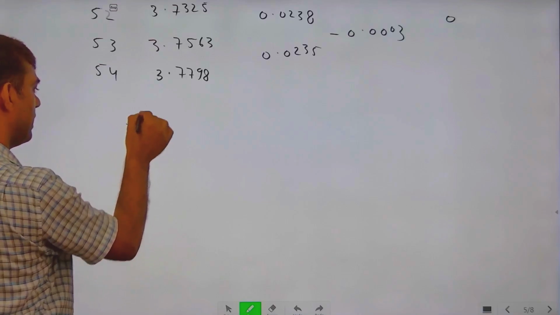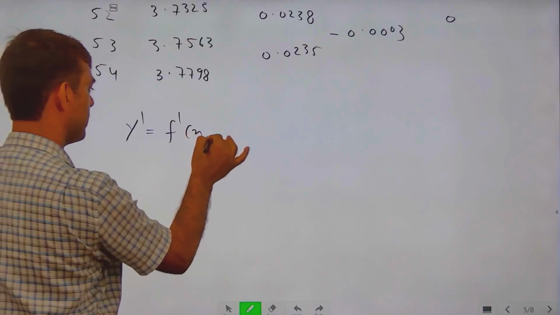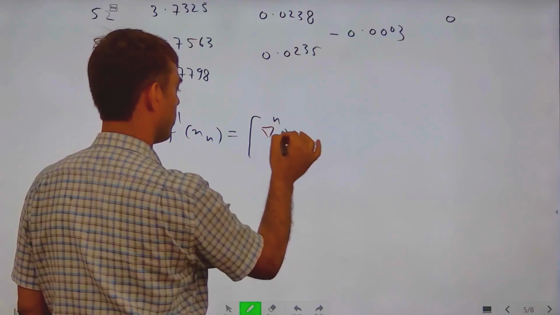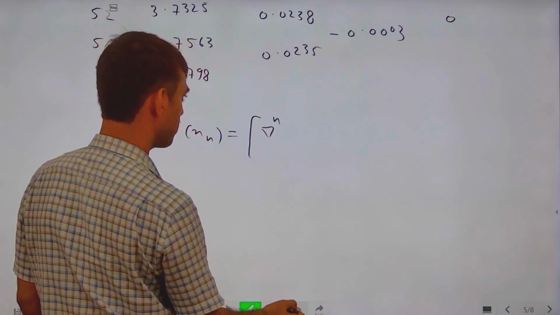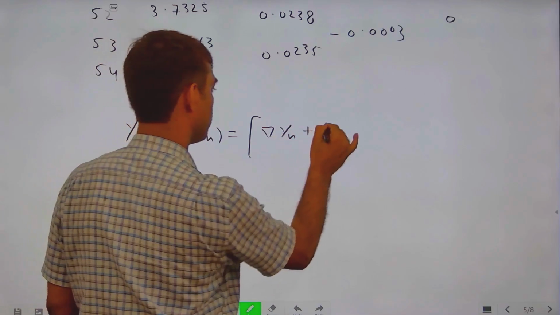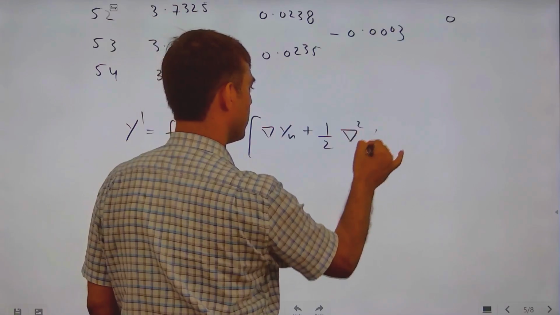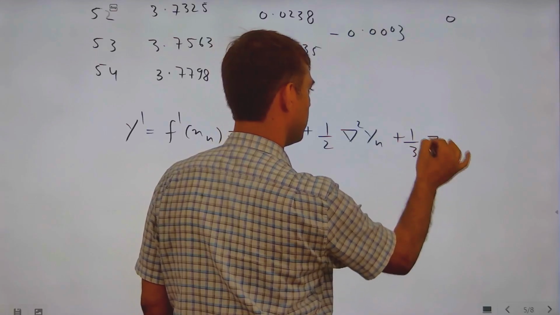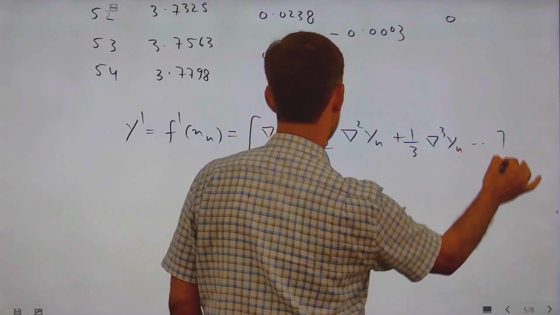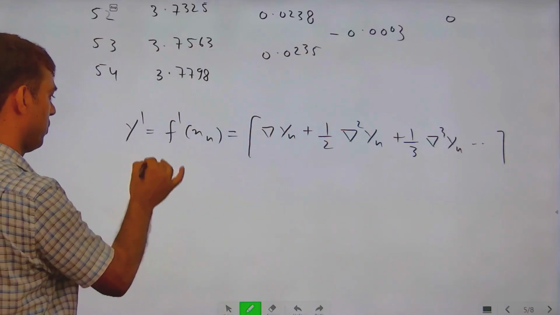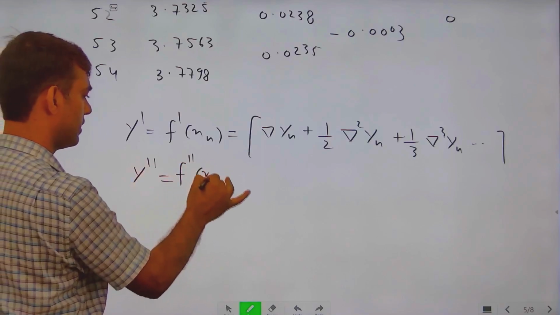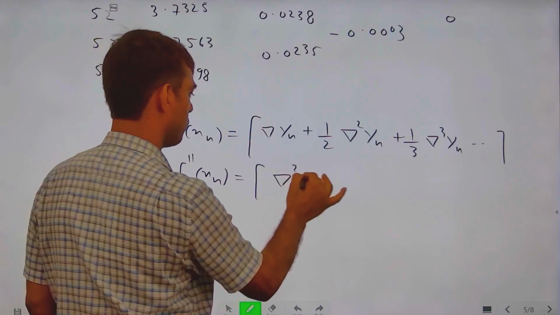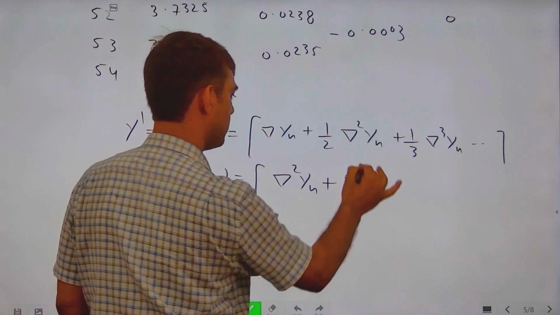So y dash equals f dash xn equals del yn plus 1 by 2 del 2 yn, plus 1 by 3 del 3 yn, and so on, and y double dash, f double dash at xn, equals del 2 yn plus del 3 yn.